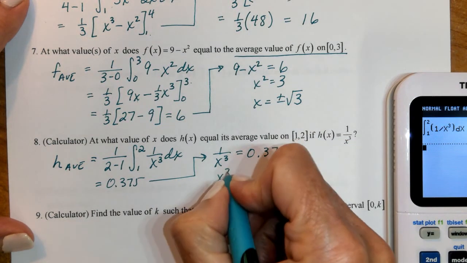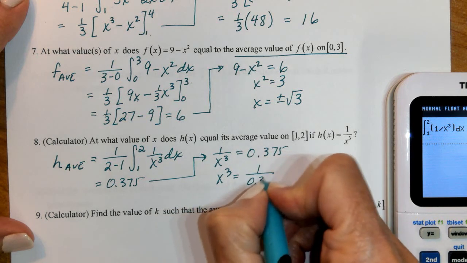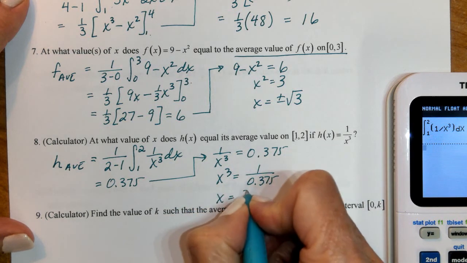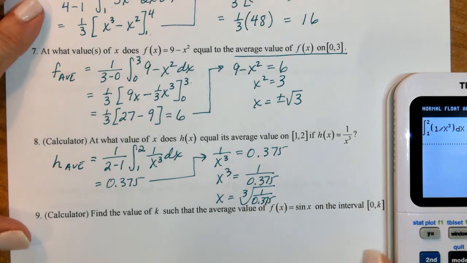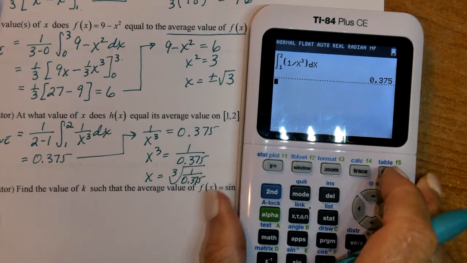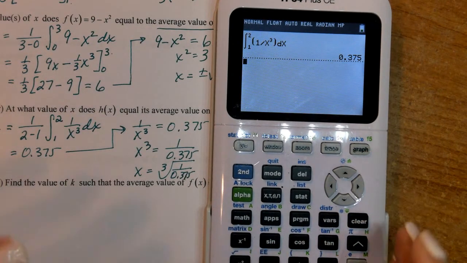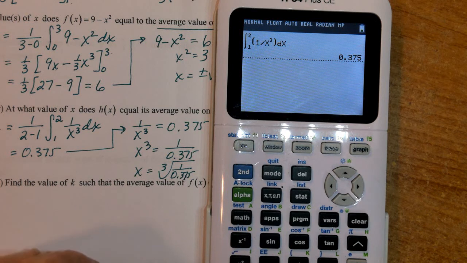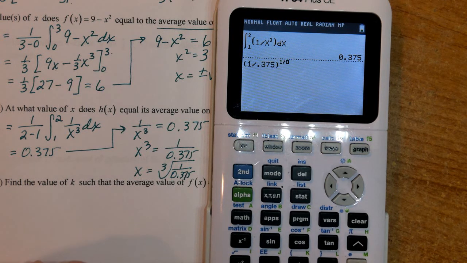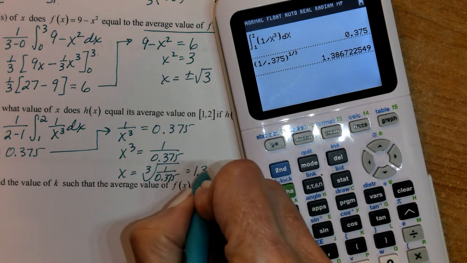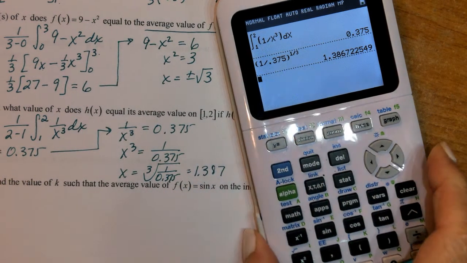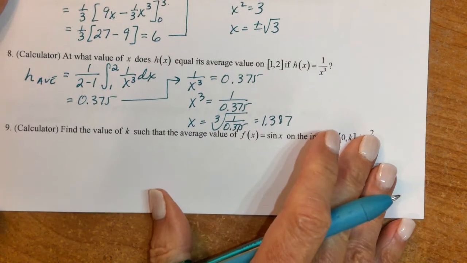So x cubed will be 1 over 0.375, and x will be the cube root of 1 over 0.375, which would be a safe stop spot, by the way. But in a multiple choice question, which it probably would be, I would do 1 divided by 0.375 all to the 1/3, which is cube root. So 1.387. Okay.